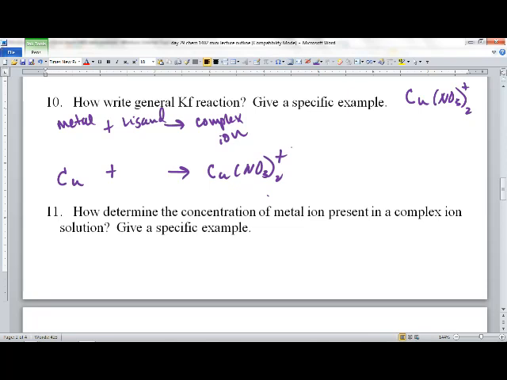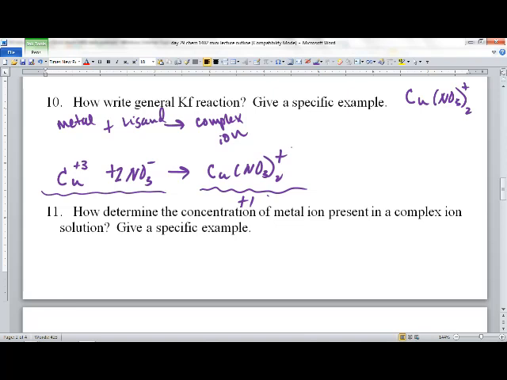Cu plus what? Nitrate. And what charge, everybody, does nitrate have? -1. How many nitrate? 2 of them. Now you do the charge on the copper. Now, what's the charge on this side? +1. So that means both sides have to be +1. I think it's +3, right? Because you have +3 and a -2 is a +1. Right. Okay.